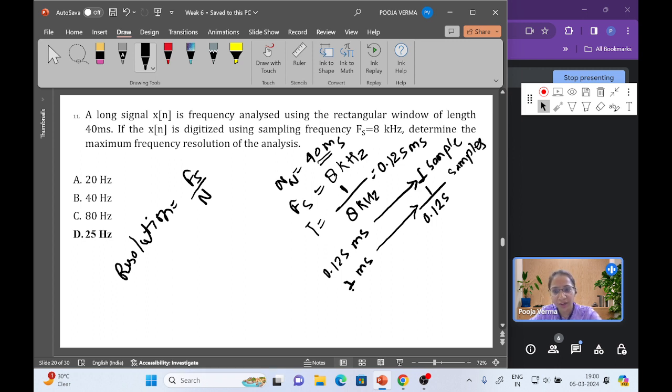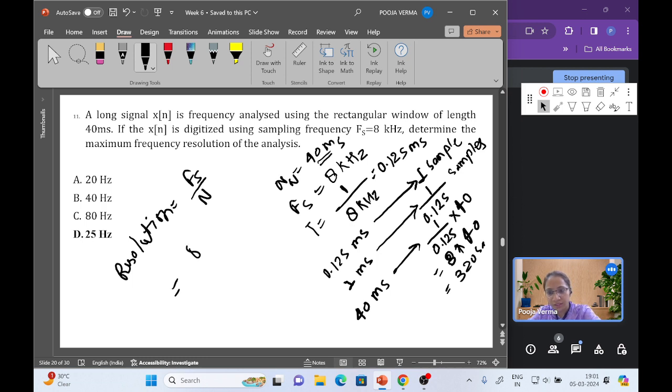Then to find out for 40 milliseconds, 1 divided by 0.125 gives 8, and 8 times 40 is 320 samples.